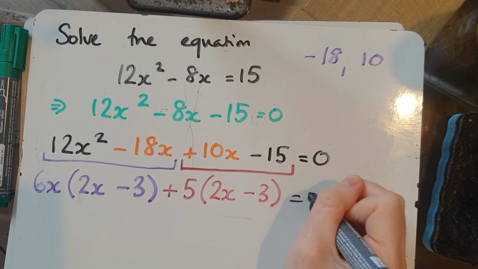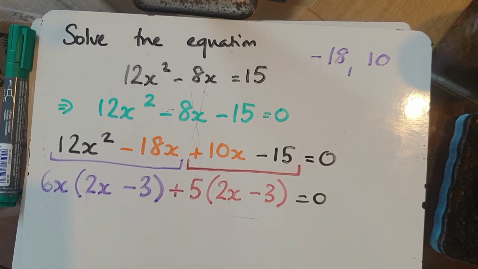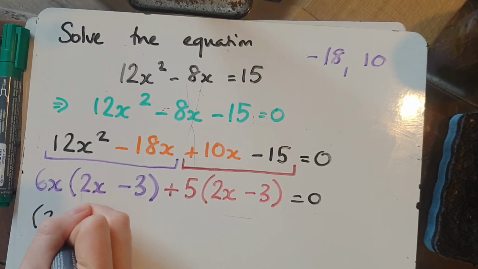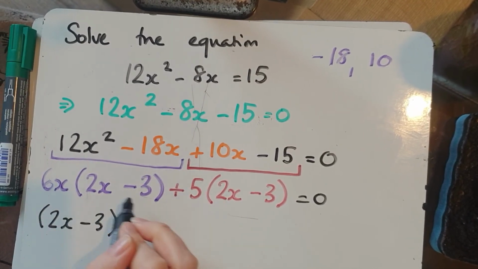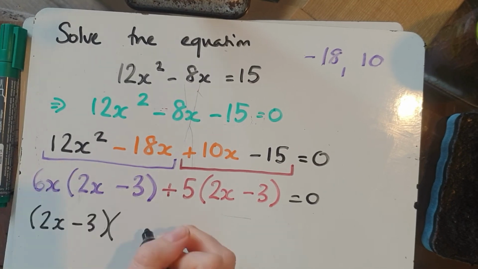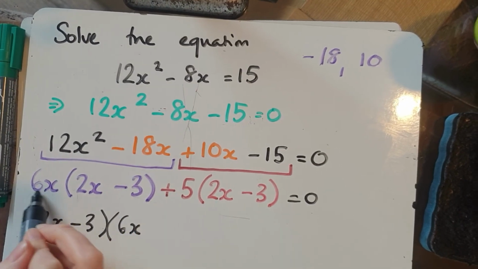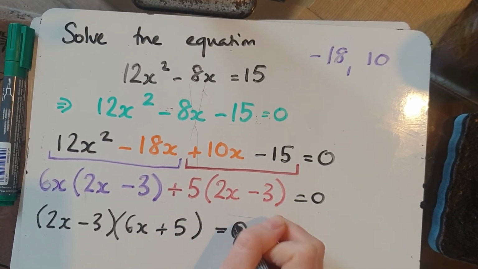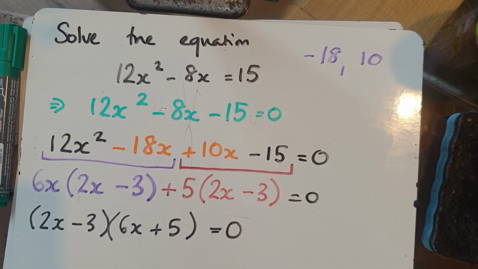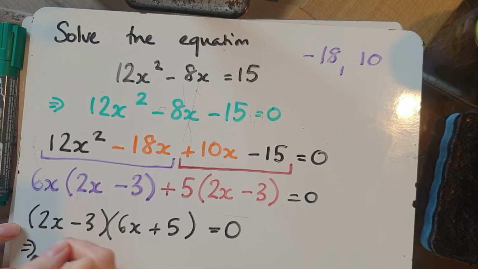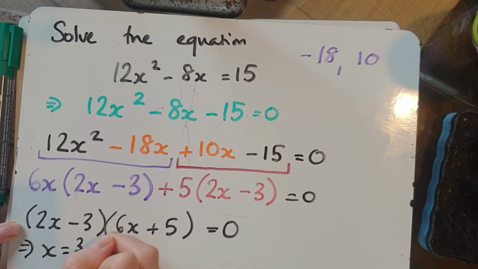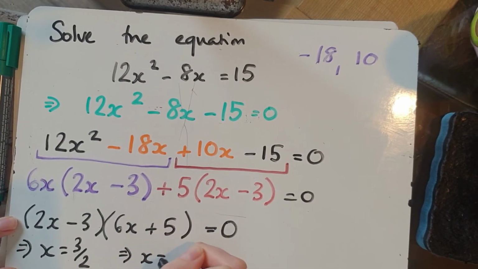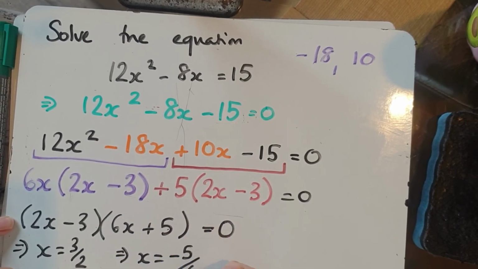And just like last time, the two brackets match each other, which is exactly what I want. So I'll take 2x minus 3 out of both of those terms. From this term, I'm left with 6x. From this term, I'm left with plus 5. So I've factorised it. And then this bracket tells me that x equals positive 3 over 2. And this bracket tells me that x equals negative 5 over 6.